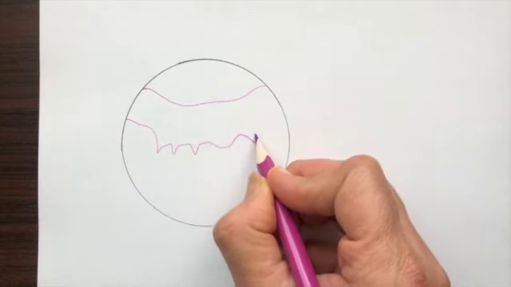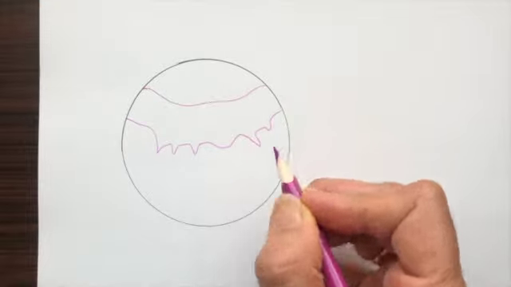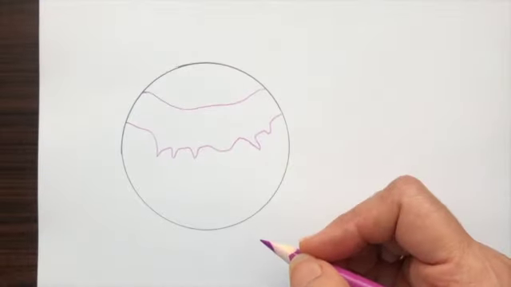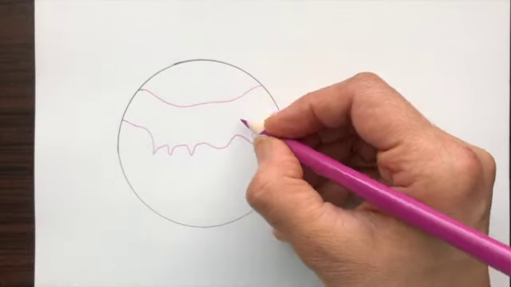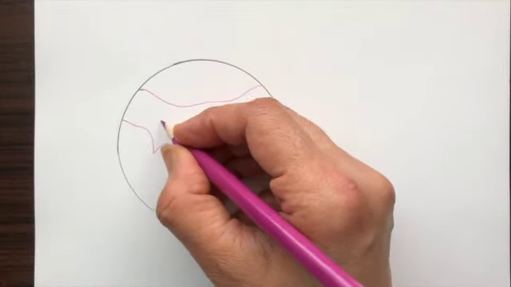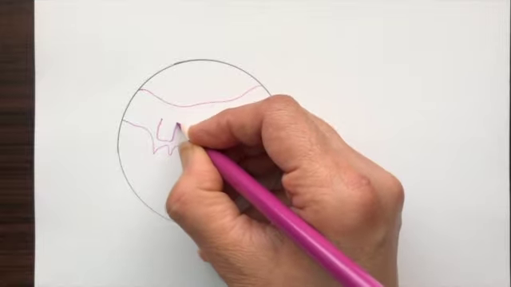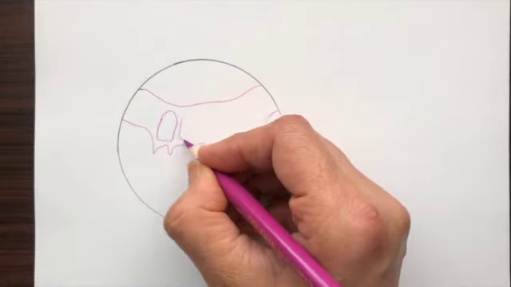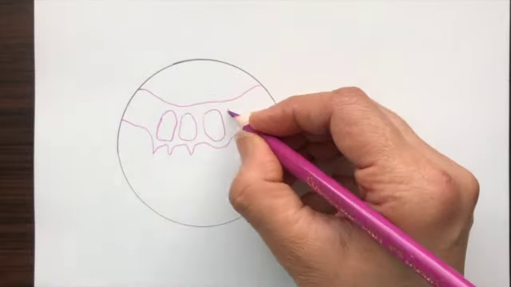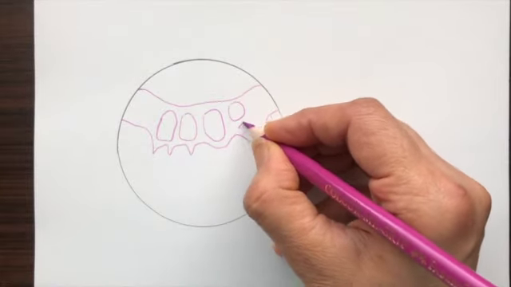So we shall draw epithelium like this, another line. Then we have to draw the arcades. We shall draw such areas inside the epithelium to show the arcading.